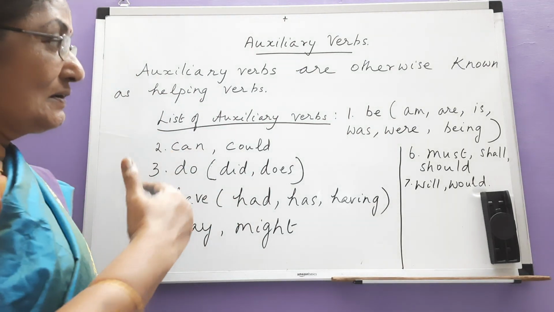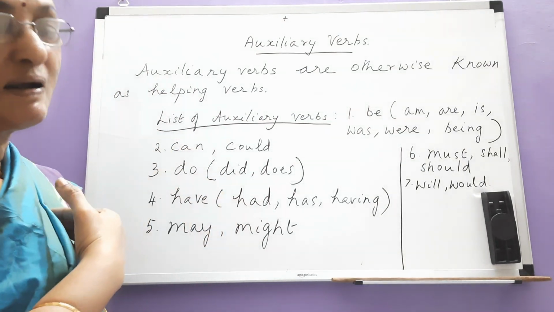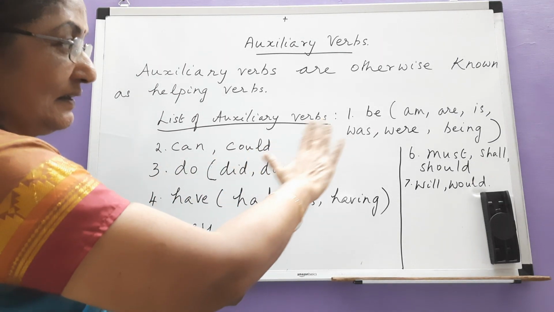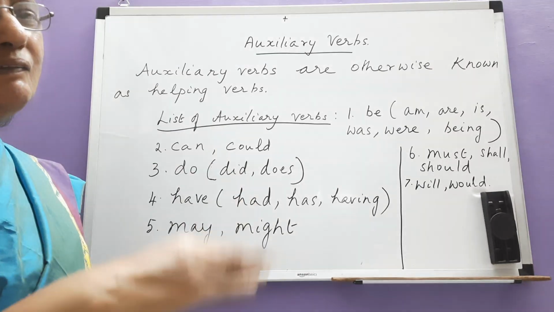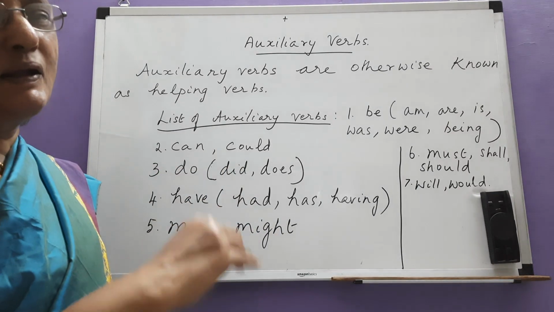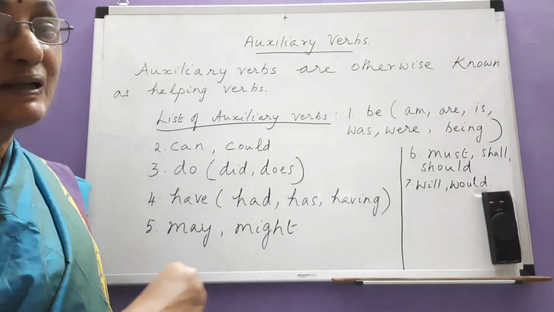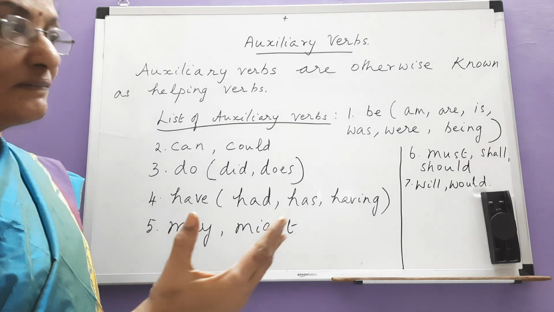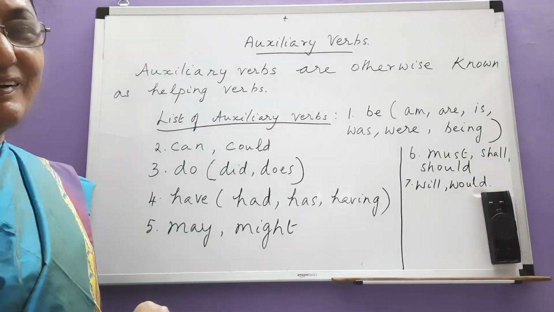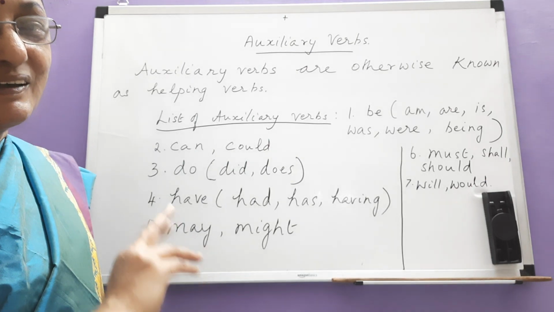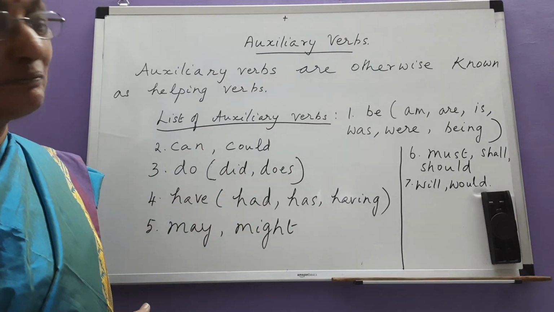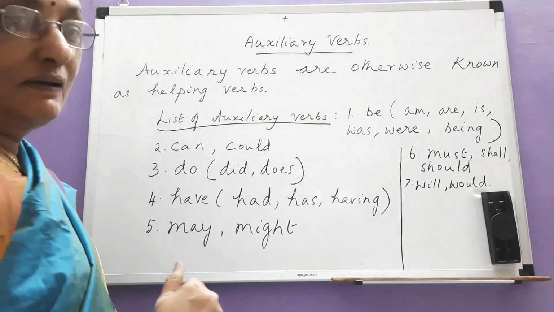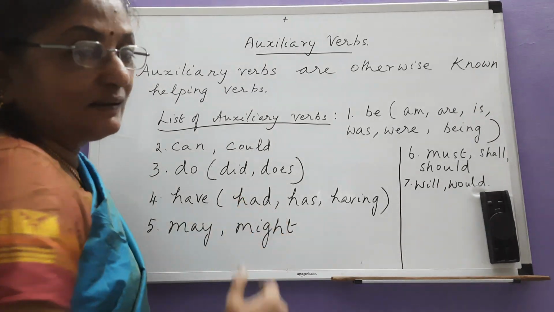You must bear in your mind that these are all the auxiliary verbs. Automatically, when we do an exercise or when we read a sentence itself, we can easily find out whether that verb is an auxiliary verb or a main verb. Now let me give some examples.